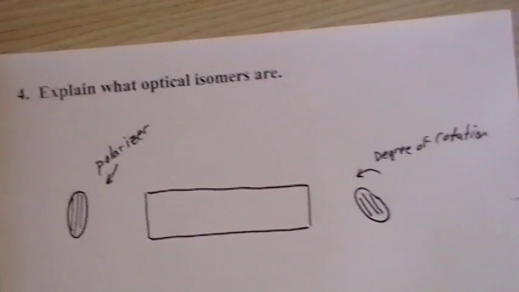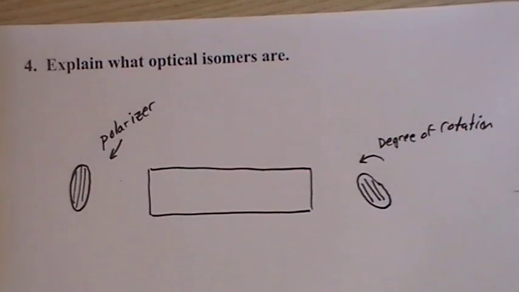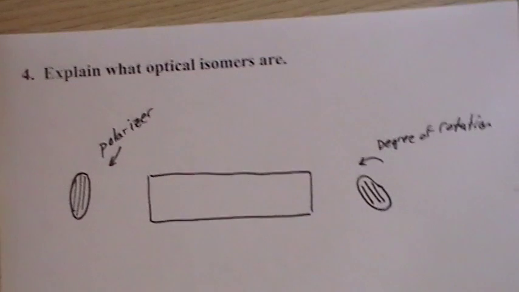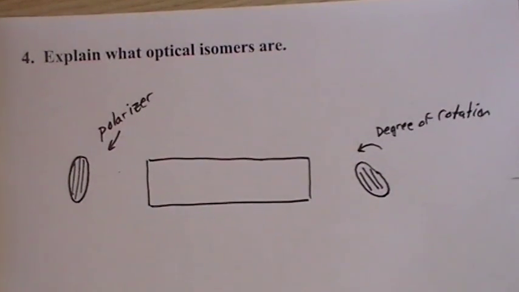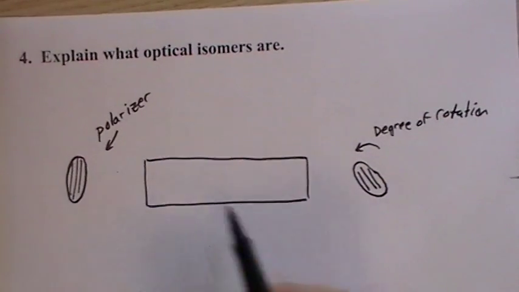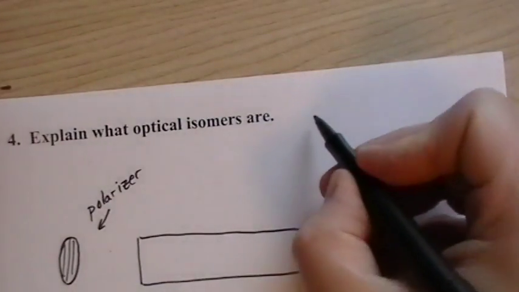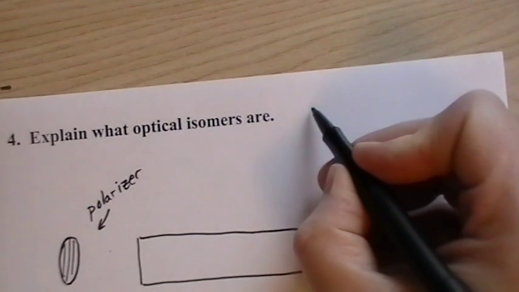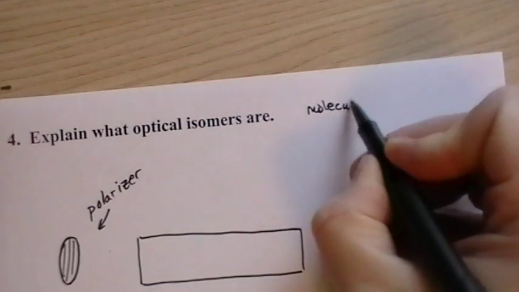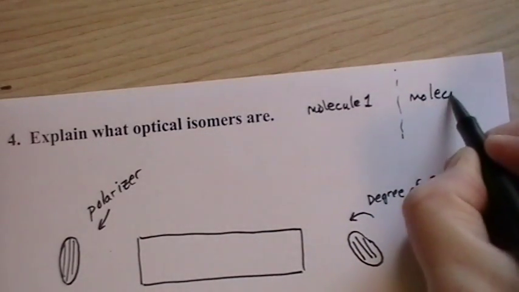Okay, then we get to an even more subtle type of isomer, because not only is the bonding the same, but the orientation in space is the same. So it's a little tricky to say, how can they possibly be different? Well, when we have these two molecules, we take one molecule and look at its mirror image.